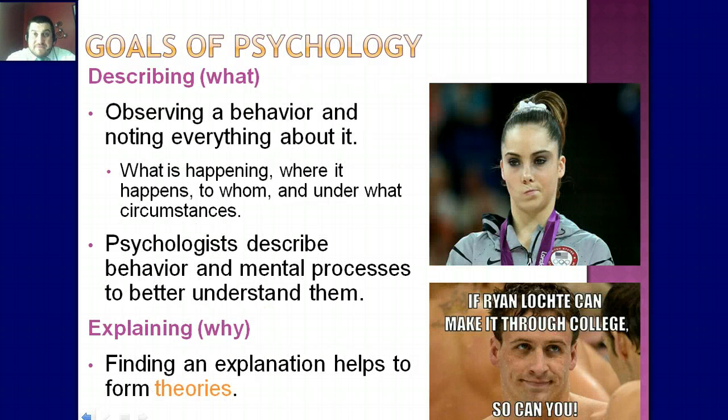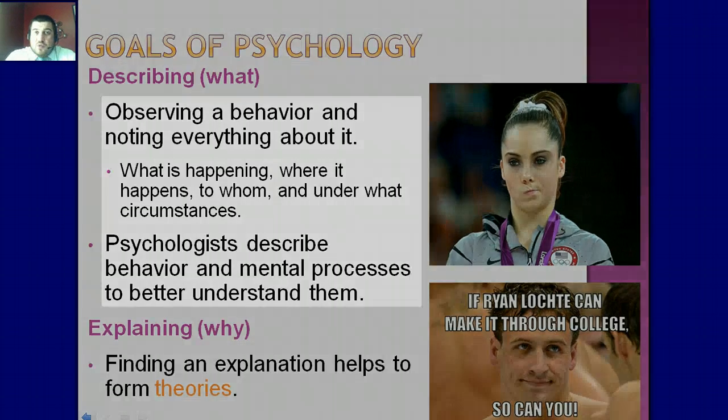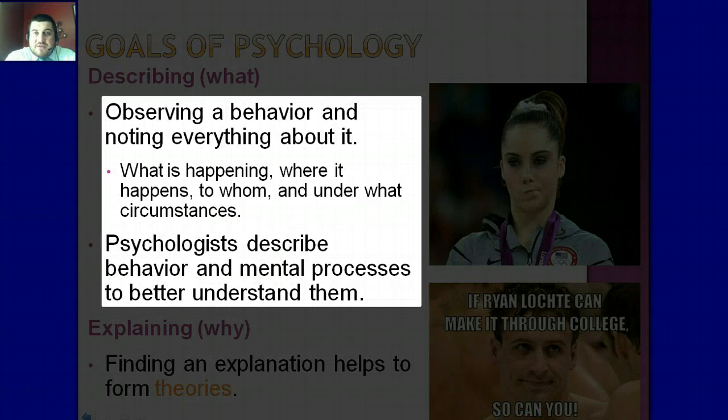Now that we've got our definitions of what psychology is, the scientific study of behavior and mental processes, just to review, we are going to talk about the 4 goals of psychology. And our first one is describing, or what is happening. It is how you observe a behavior and noting everything about it, everything that is visibly observable.